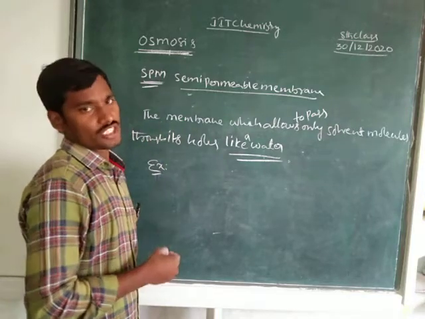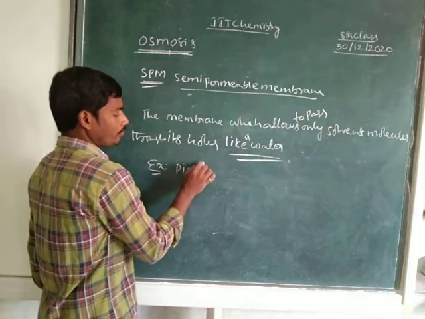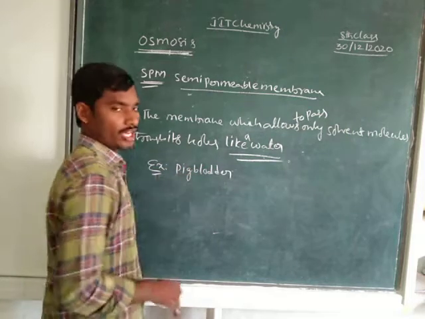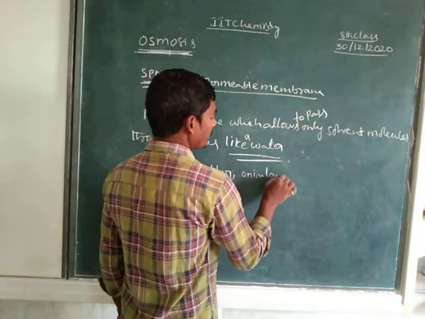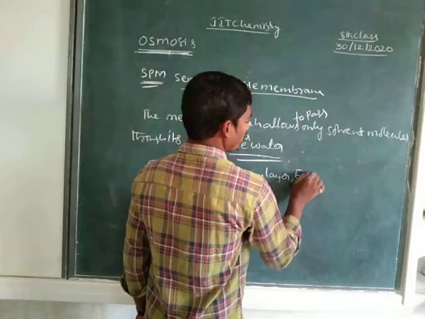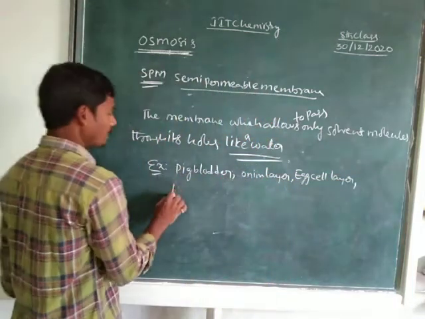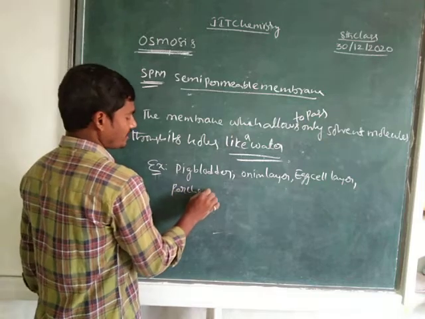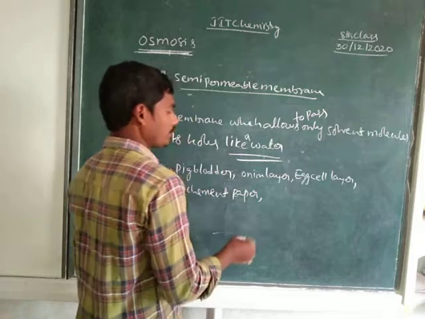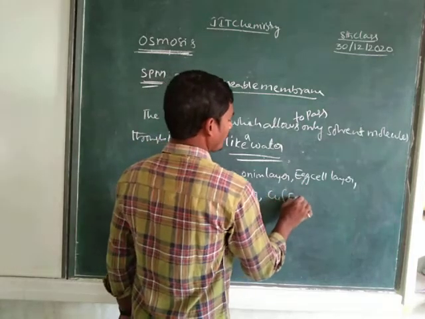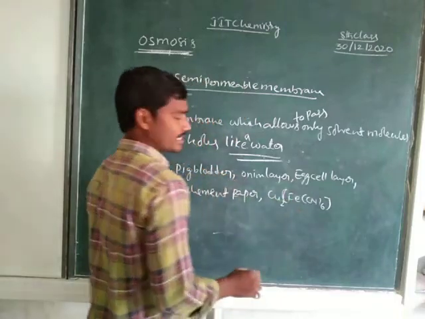Examples of semi-permeable membrane are pig bladder, onion layer, eggshell layer, parchment paper, and copper ferrocyanide, Cu2Fe(CN)6, and so on.